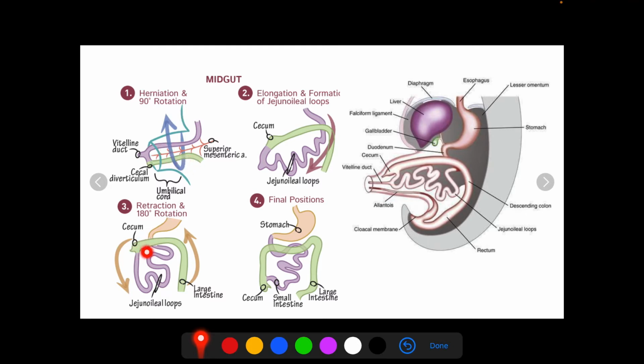Then there will be a 90-degree rotation, and it goes ventrally to the outside of this area, then rotates 180 degrees and comes back, and by this movement it forms all the other parts that remain.